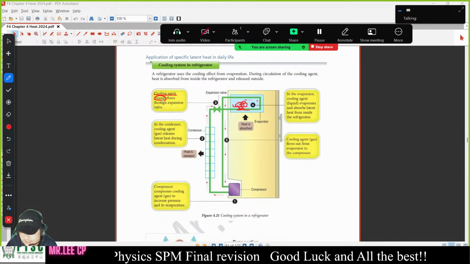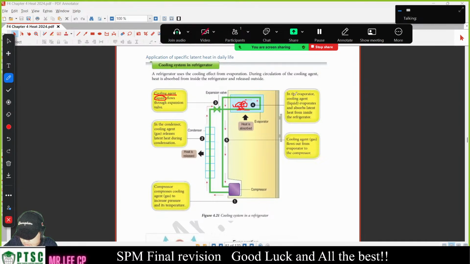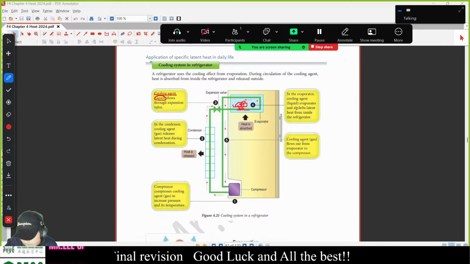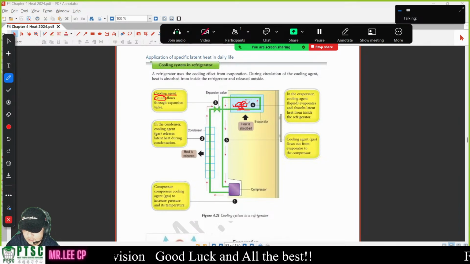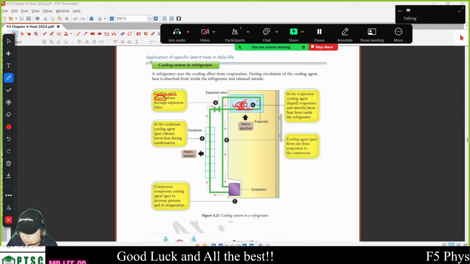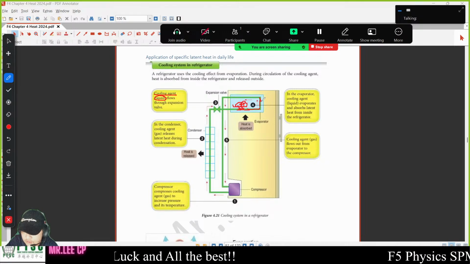This liquid will absorb heat. It will absorb heat. So in the evaporator, the cooling agent will evaporate. So it absorbs latent heat from the meat, from the chicken inside the refrigerator. So it is getting hot, so it can turn to gas, right? Because the boiling point is low. So it can turn to gas.